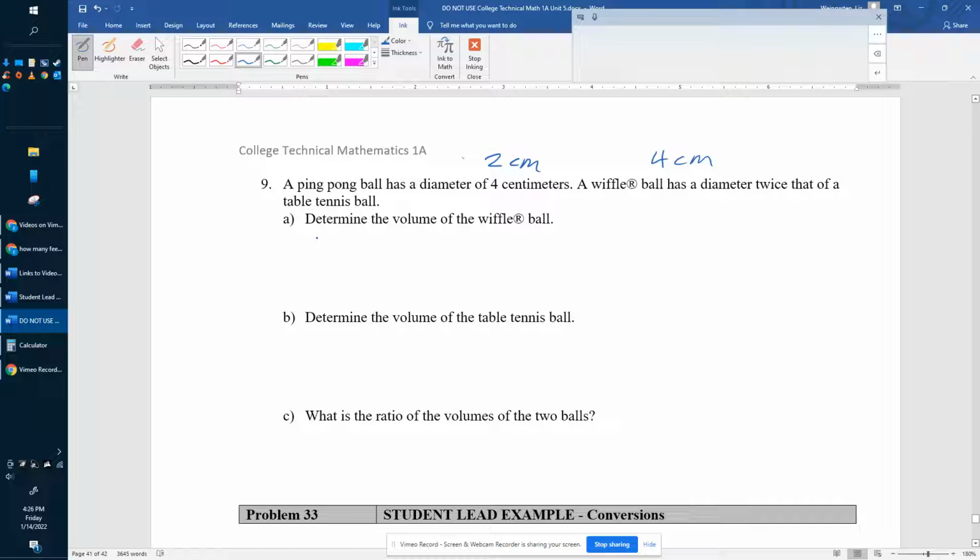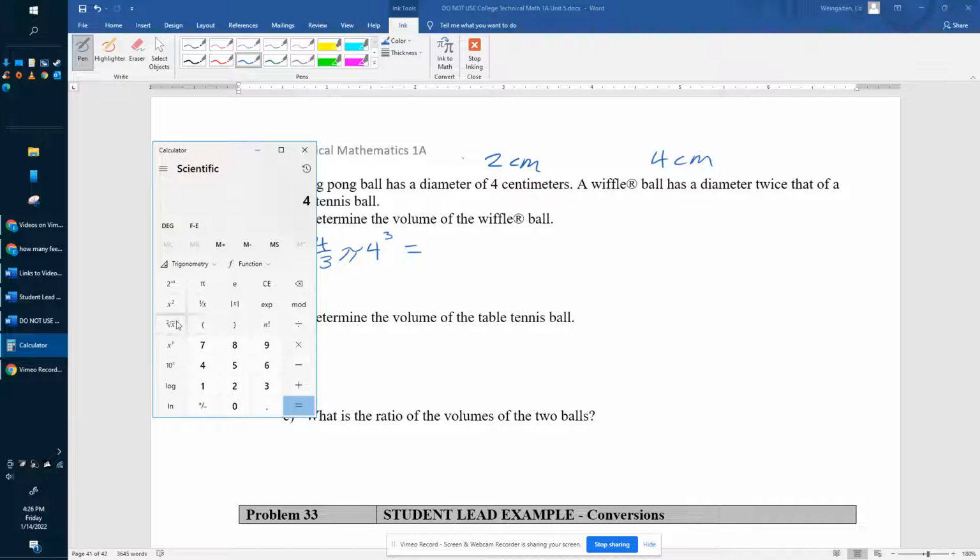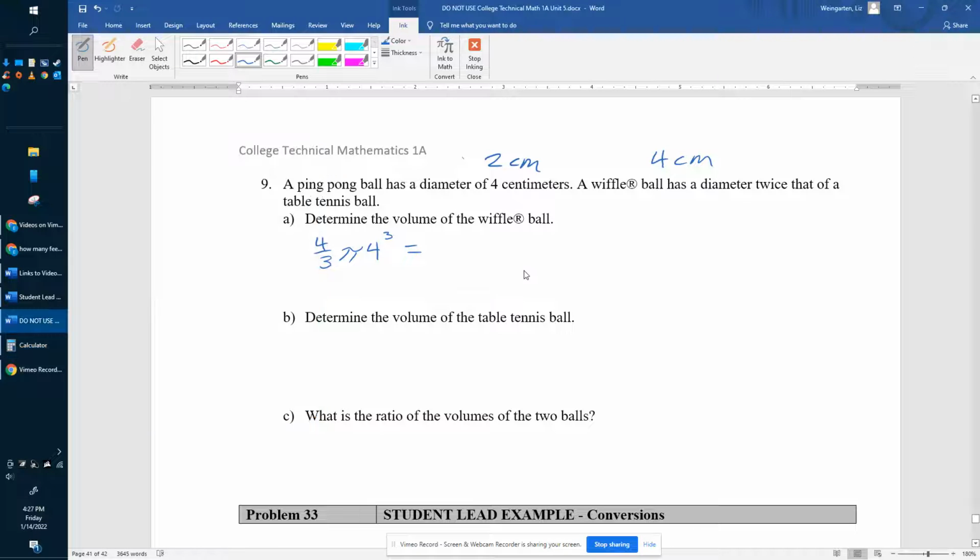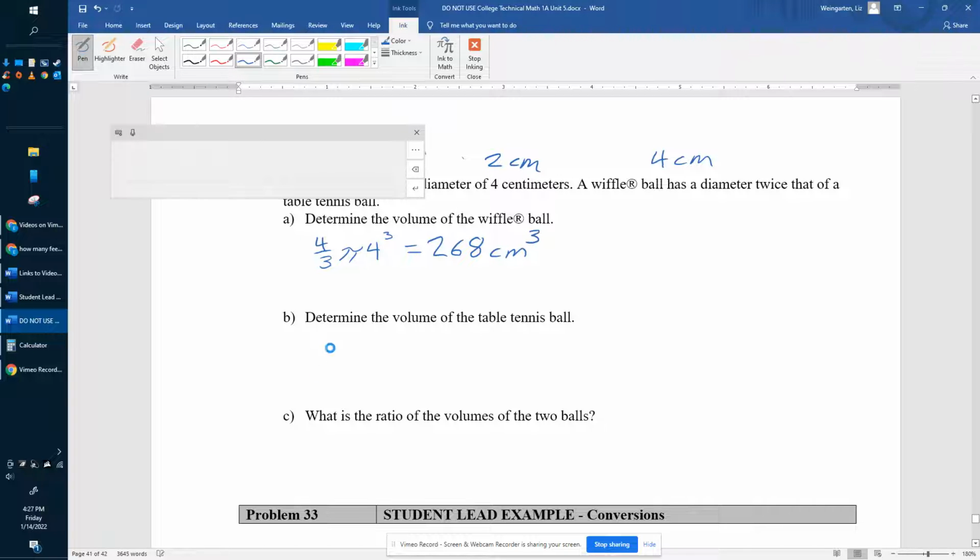So it is 4/3 pi r cubed. So let's figure out what that is. 268 centimeters cubed.